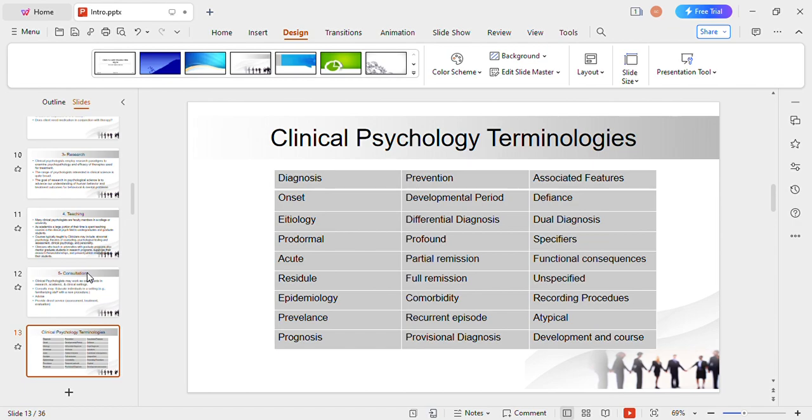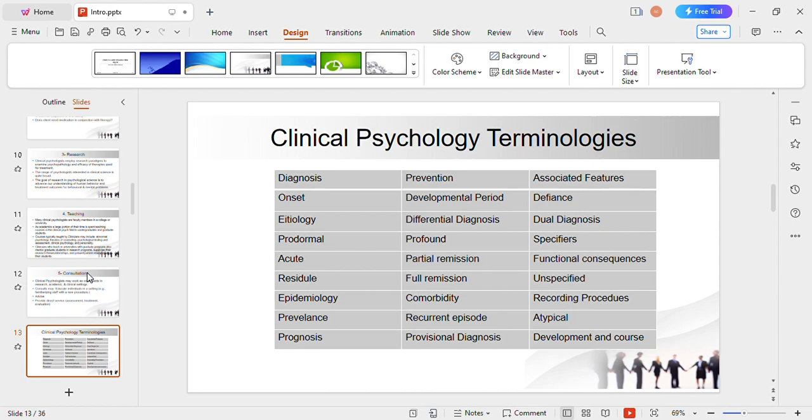Okay, the next point is onset. Onset represents the beginning of symptoms, when the symptom first appears, and how it started is known as onset. So the next terminology is etiology, which represents all the contributing factors. The factors which contribute to the progression of disease or lead the disease into a severe form are known as etiological factors.